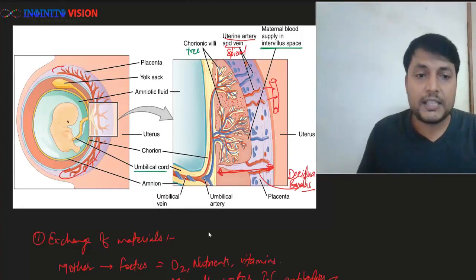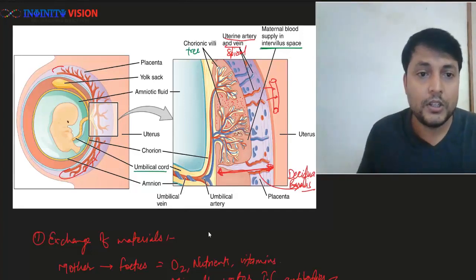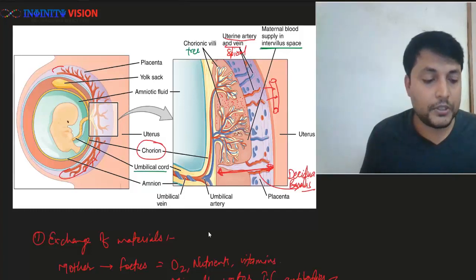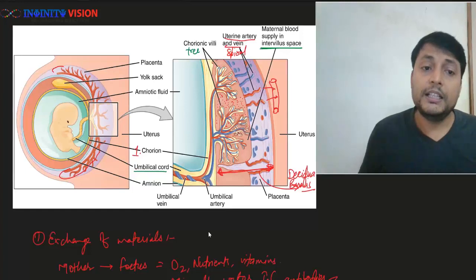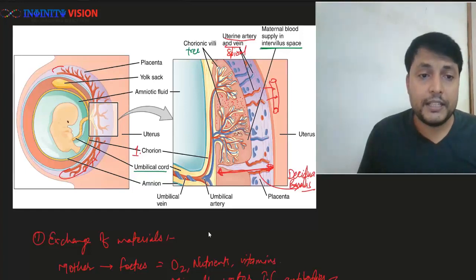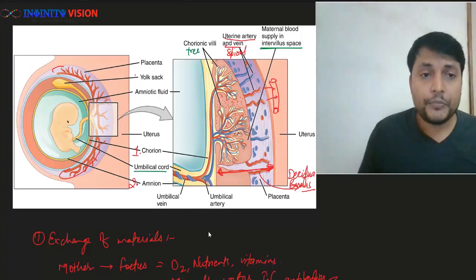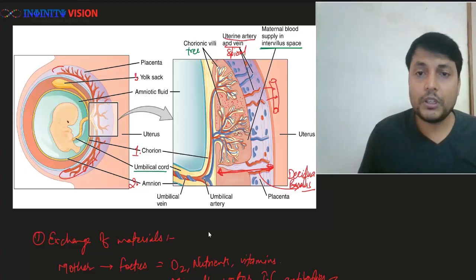What are these? The first and outermost is chorion. Inner to the chorion, what we find is amnion. Okay, and then we find one more, yolk sac.